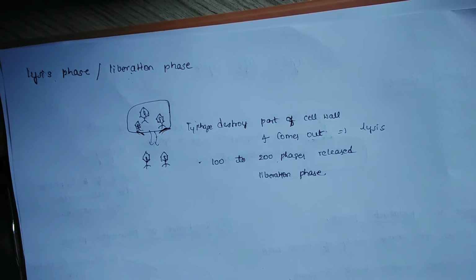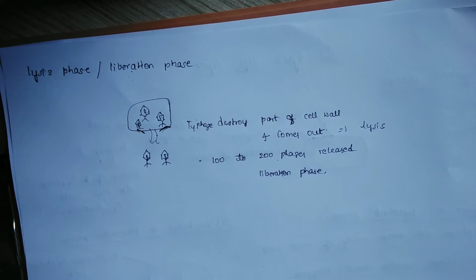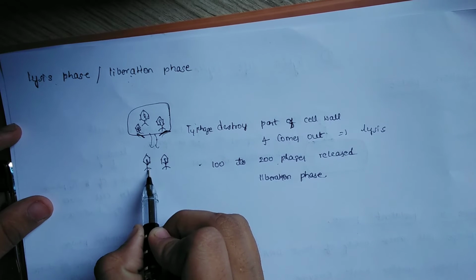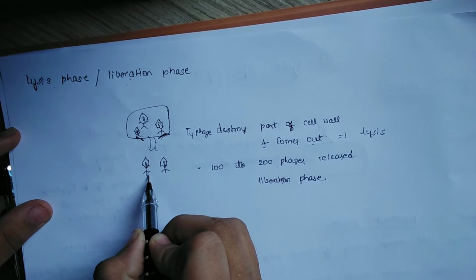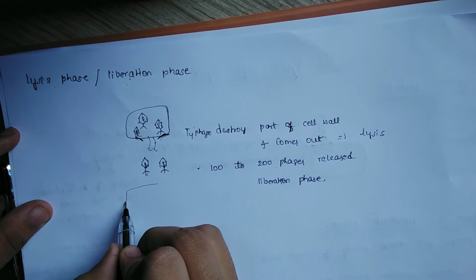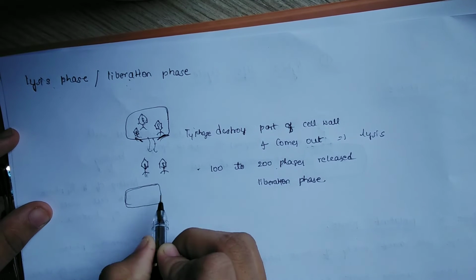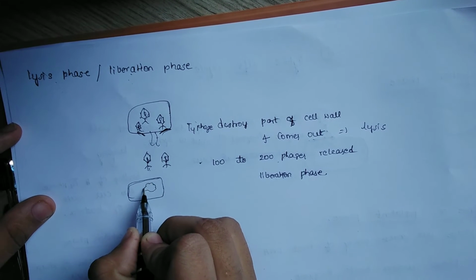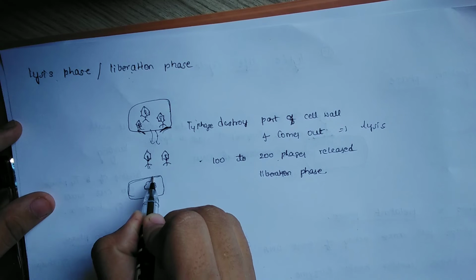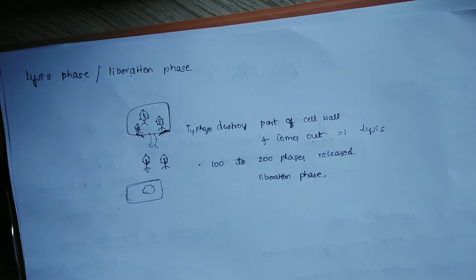In the liberation phase, these phages infect new bacteria. The newly formed phages attach to a new bacterium. Like this, the process goes on.